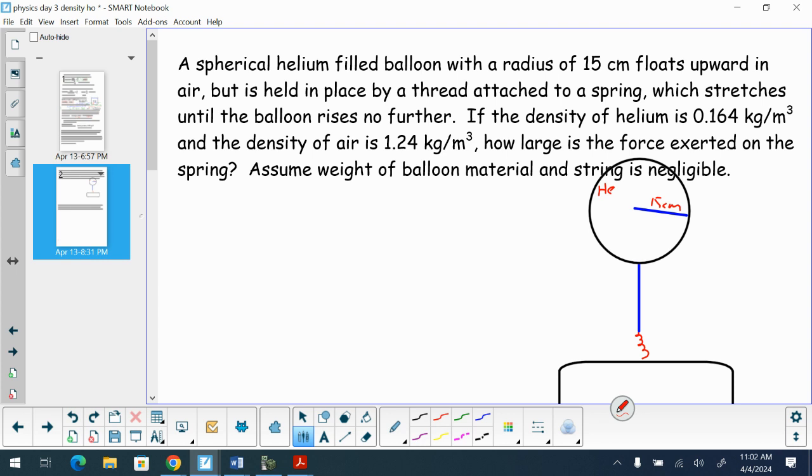You are also in air. If you would stand on your chair and jump, you are submersing yourself in the fluid of air. But your force of gravity is greater than the buoyant force.